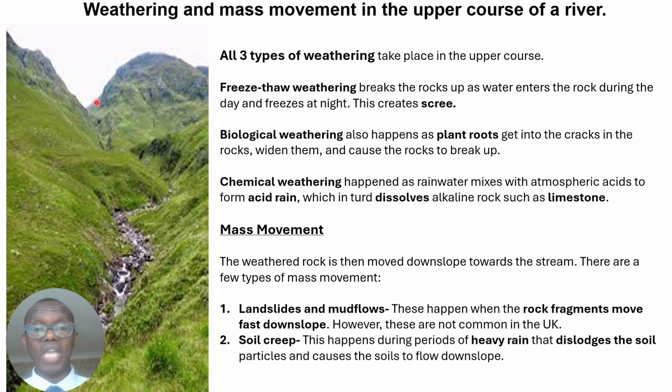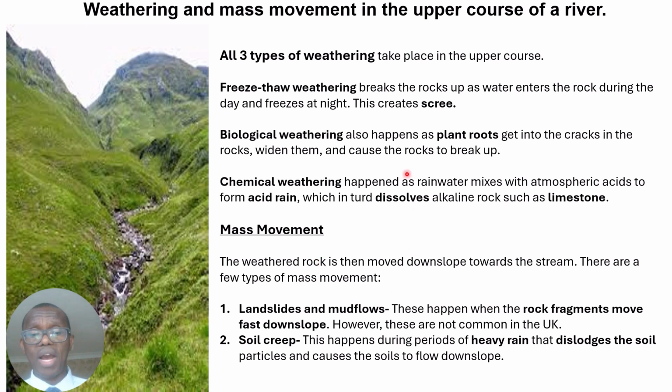So the three types of weathering will be taking place in the upper course of a river, and that is especially because these areas tend to have lower temperatures due to the altitude, so the height or the relief of the land causing the temperatures here to vary to freezing during the night. Then we also have mass movement taking place here.